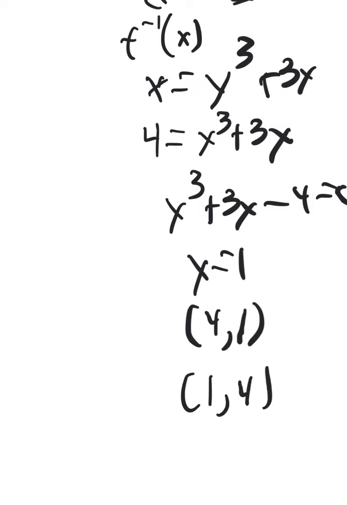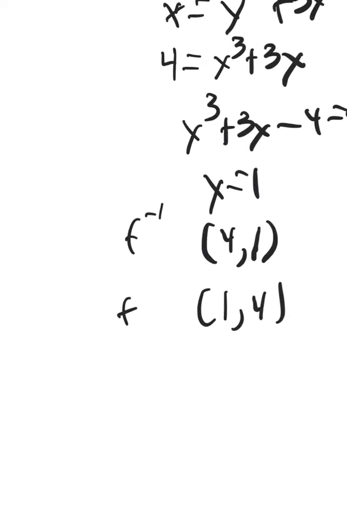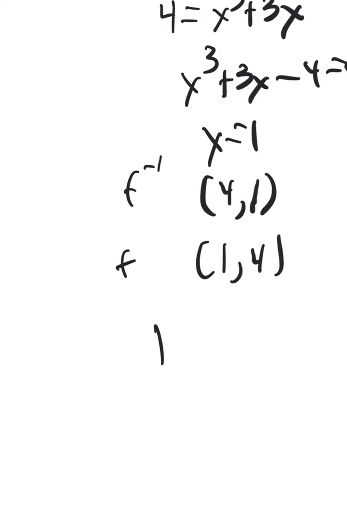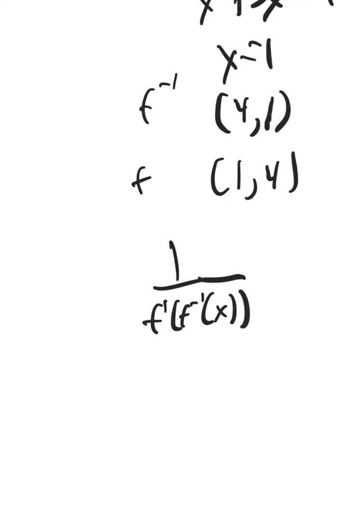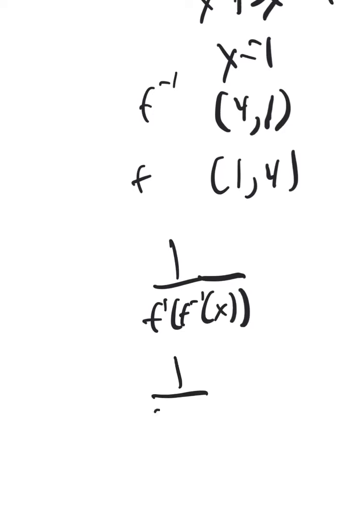So it'll be 1, 4. So this is f negative 1, and this is f. Now if we go back to our formula, we have 1 over f prime of f negative 1 of x. We can make that 1 over f prime of f negative 1 of 4, which is 1, as we can see over there.